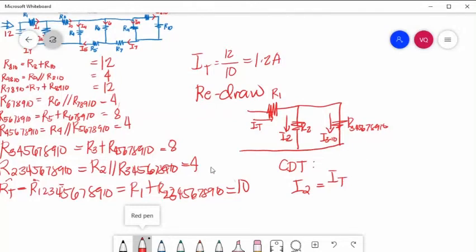Total resistance is not equal to 10 because we will just consider the two parallel combination of the two resistors, which is the R2 and R3, 4, 5, 6, 7, 8, 9, 10. So this is equal to R2 plus R3, 4, 5, 6, 7, 8, 9, and 10 divided by your Rn, which is equal to R2.